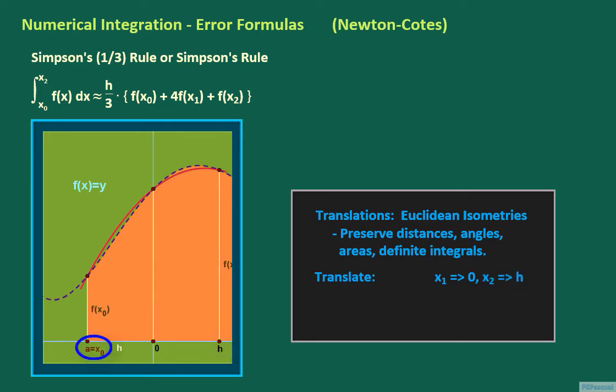The point at x equals a is h units to the left of x equals x sub 1, and so this point is translated to the point at x equals minus h. So the Lagrange polynomial capital L of x will now be through the following points: (minus h, y sub 0), (0, y sub 1), and (h, y sub 2).